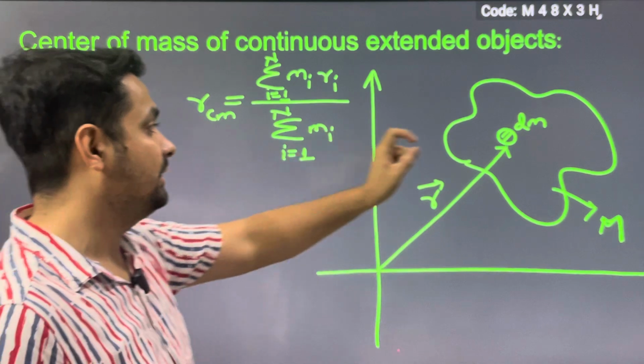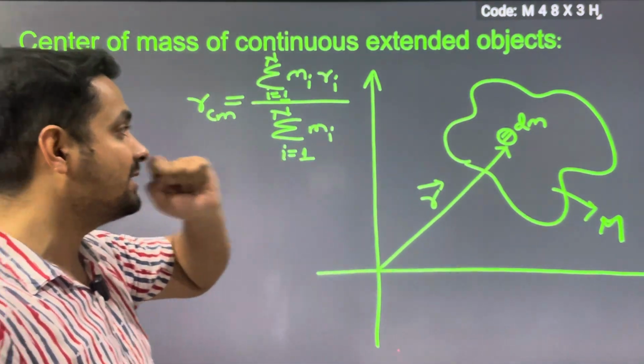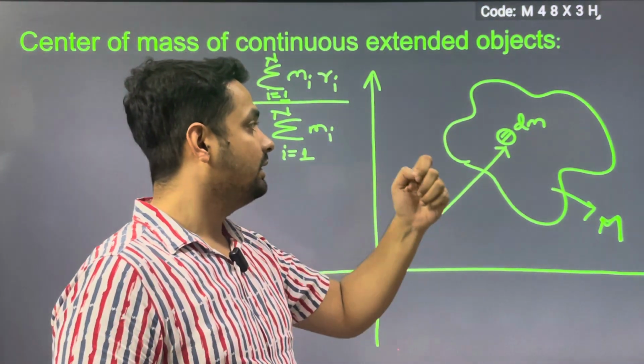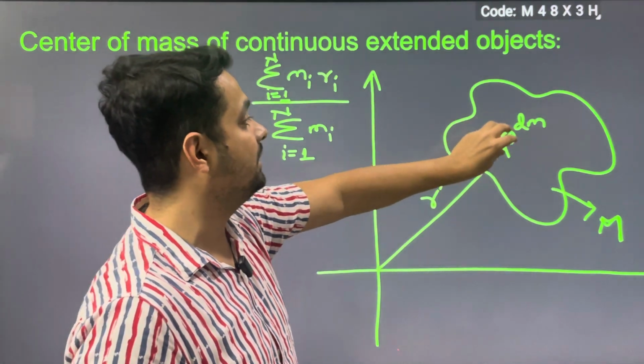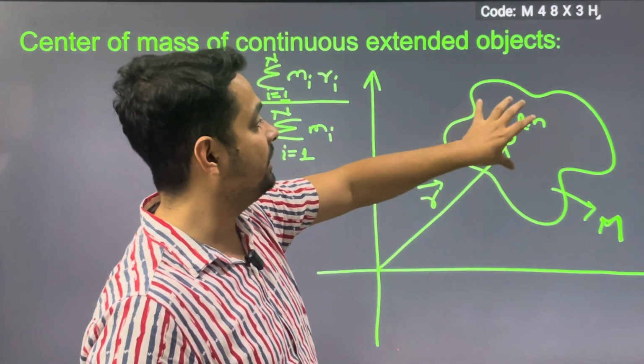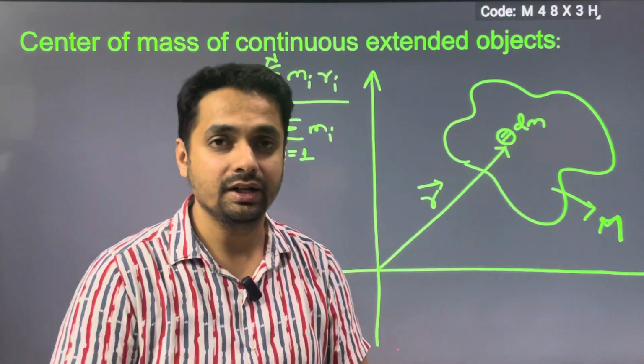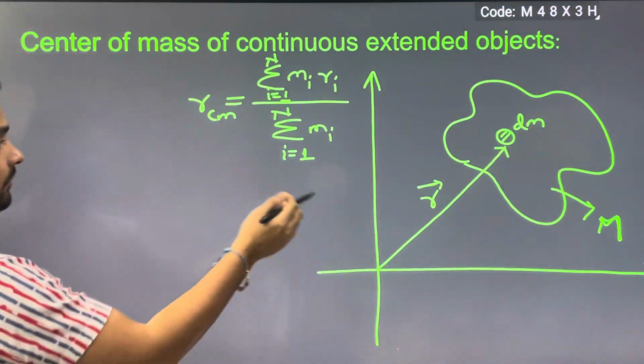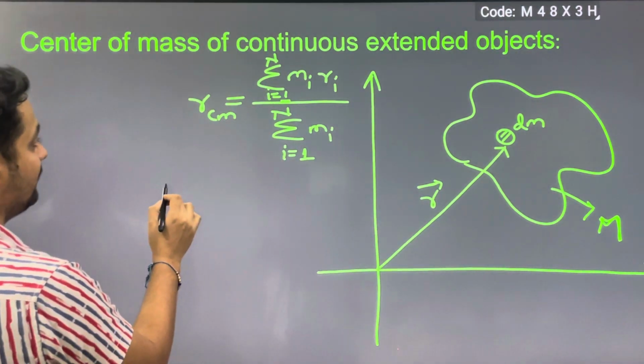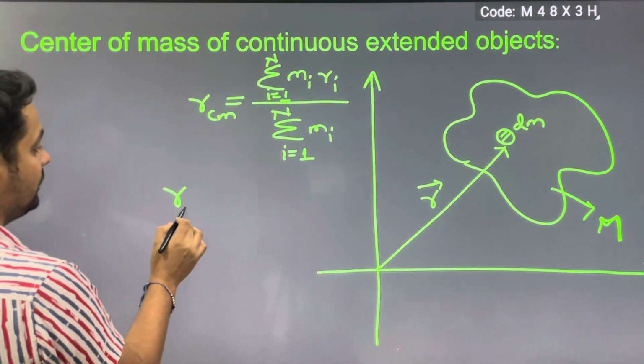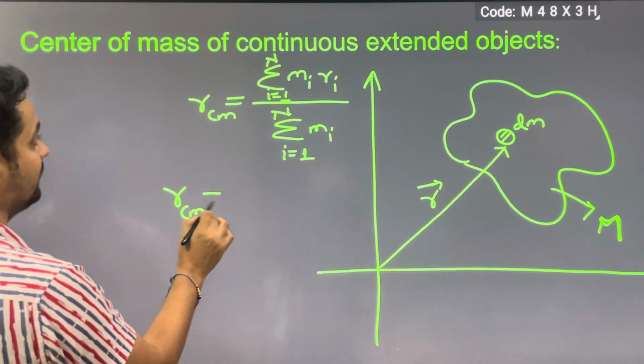But now I have one continuous body, so I took a small part of it. If I take dm mass, dm mass, dm mass, the body is made up of small dm masses. In that case, the center of mass can be written as follows.